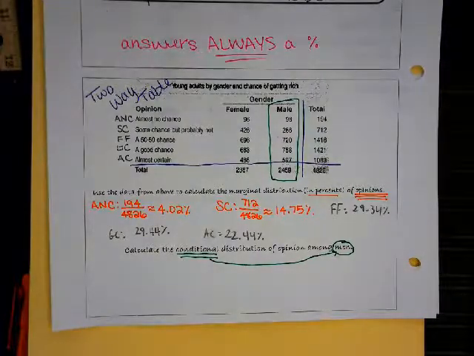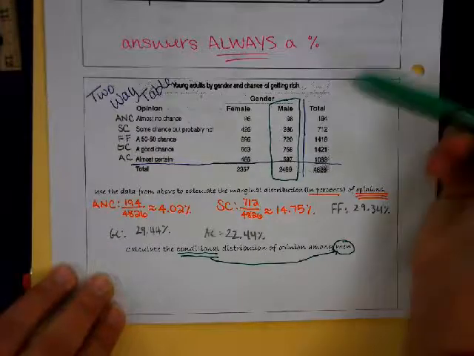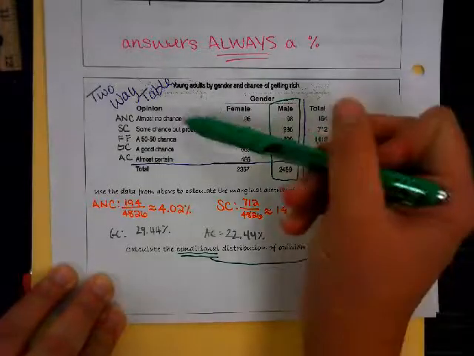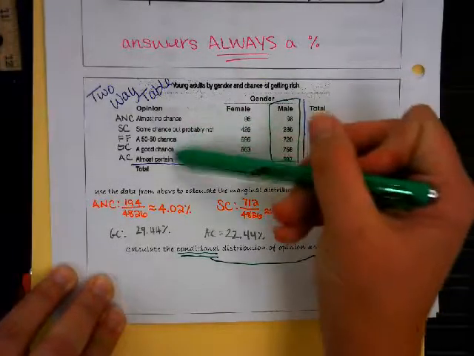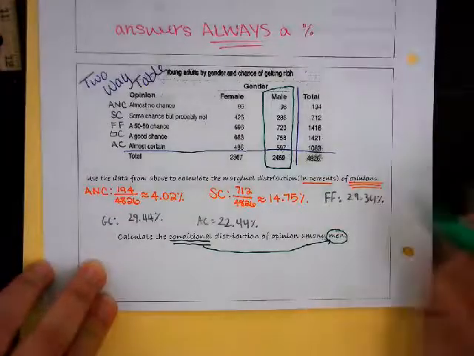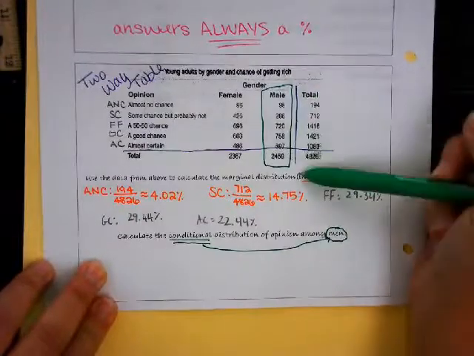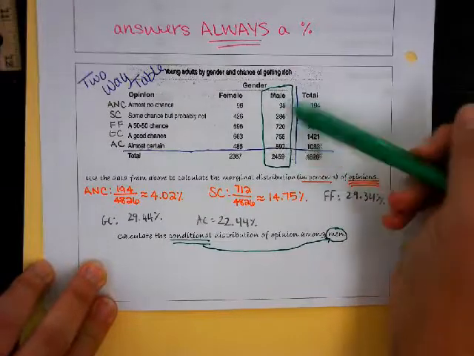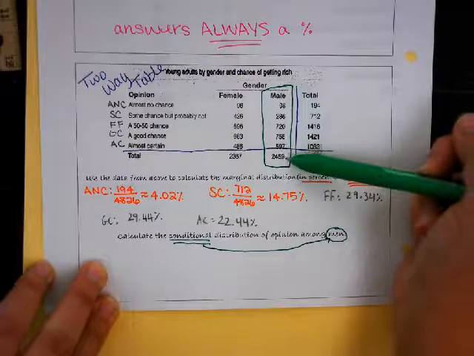So we're still finding the percents of the opinions that were answered, but this time instead of doing all of them, I'm only going to do males, so I'm going to take these numbers and divide by the total number of males that were interviewed.